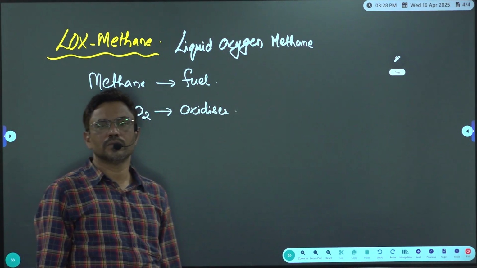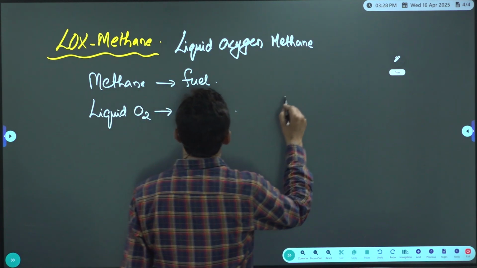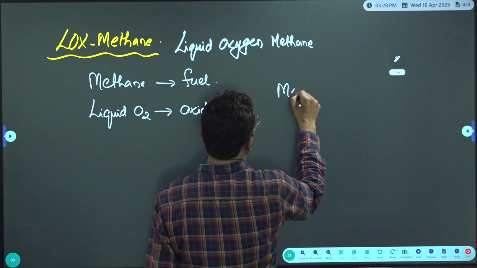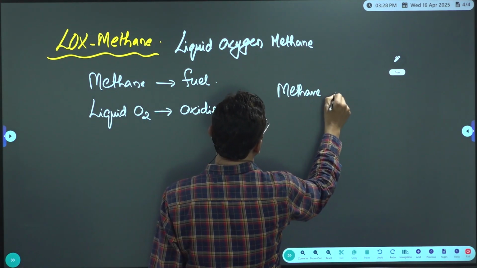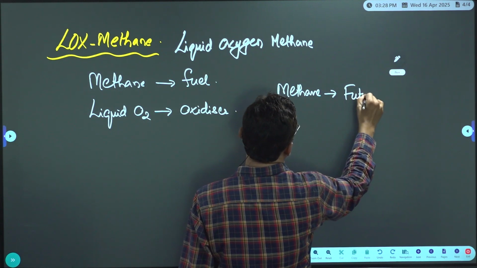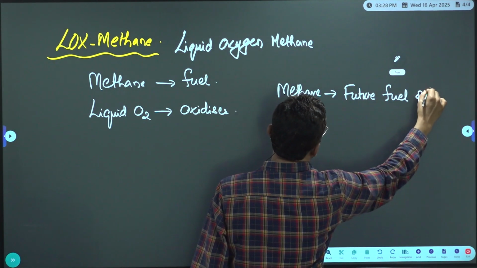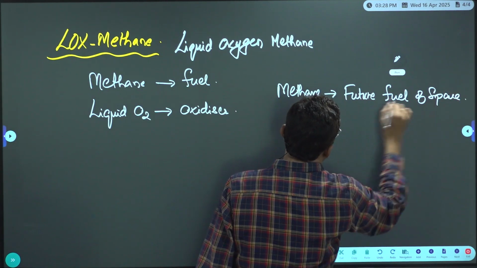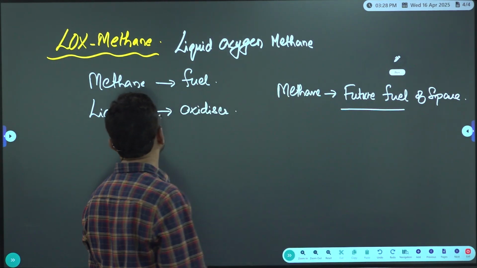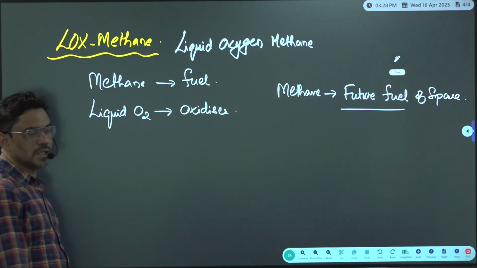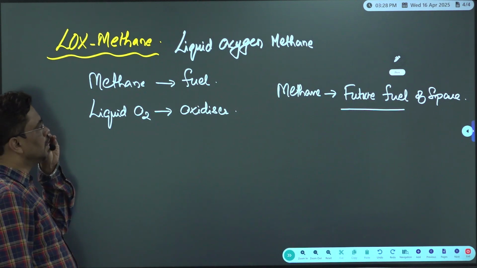So methane can be considered as the future fuel of space. Methane acts as fuel and liquid oxygen as an oxidizer.